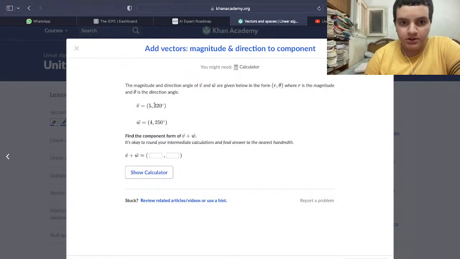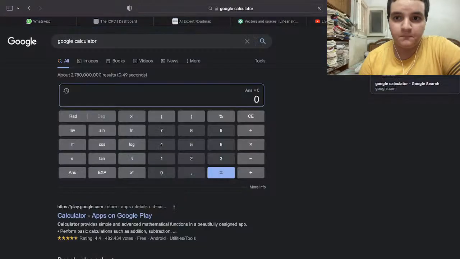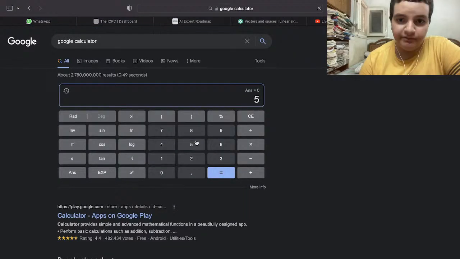So we want the sine for the y and the cosine for the x, and multiply it by 5. So 5 by sine of 320. See if this rule is correct. So it's negative 2.